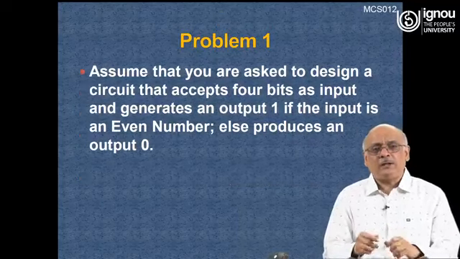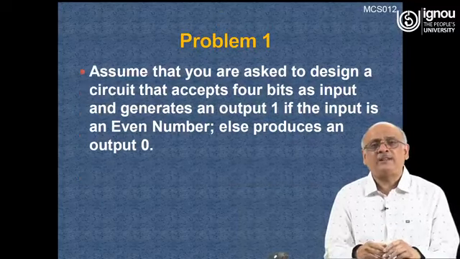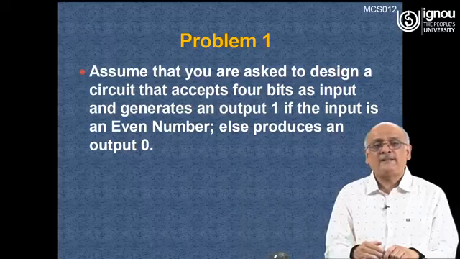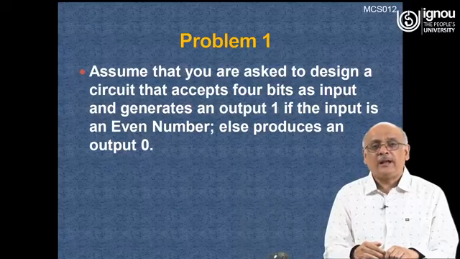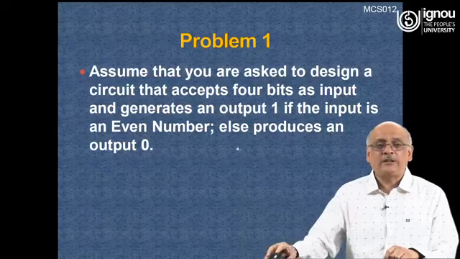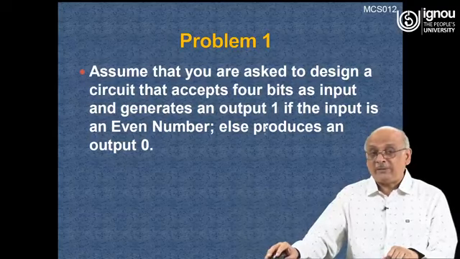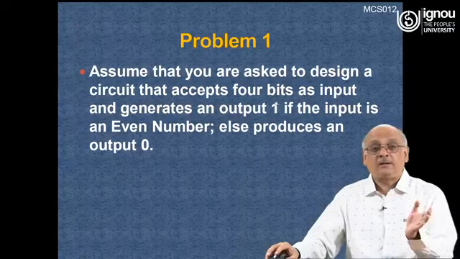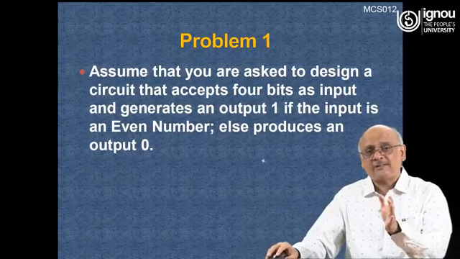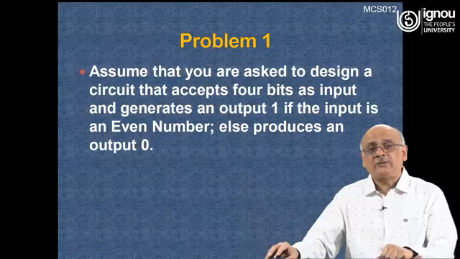So assume that you are asked to design a circuit that accepts 4 bits as input and generates an output 1 if the input is an even number, else produces an output 0. So this is our problem. This normally is not going to be implemented in a circuit design, but just for the sake of explanation we are using it, because we are very much familiar with even and odd numbers, right?